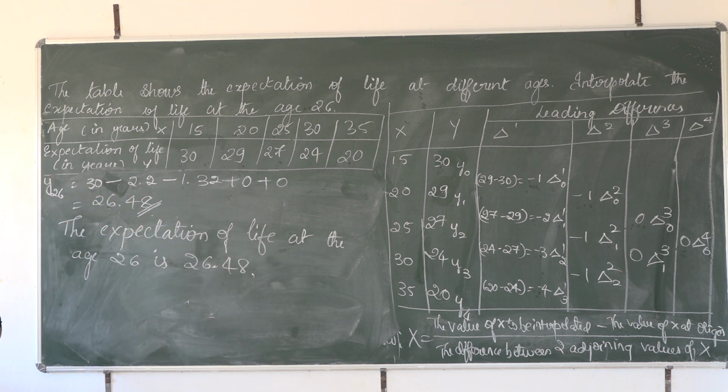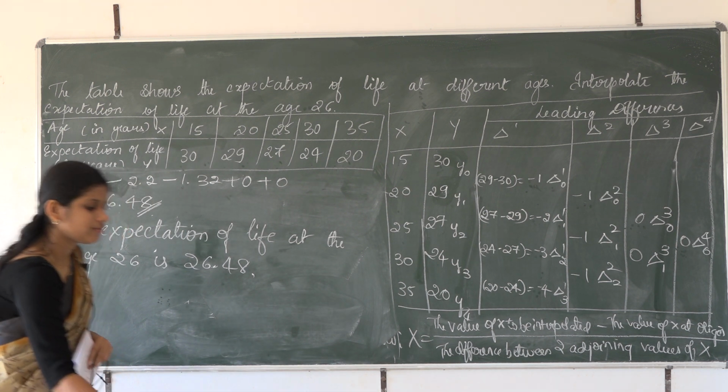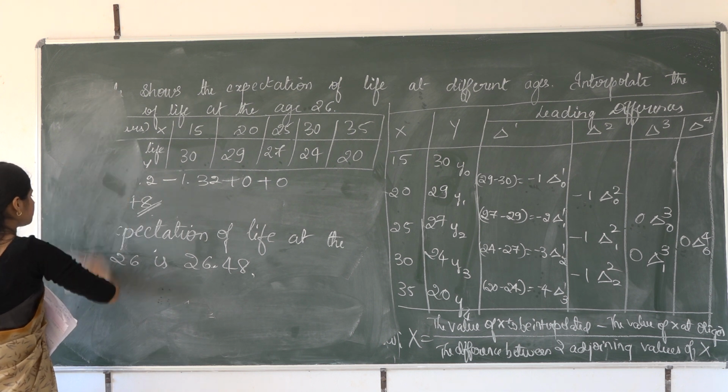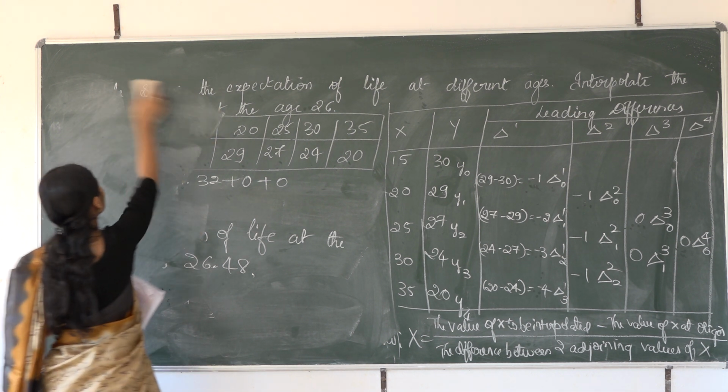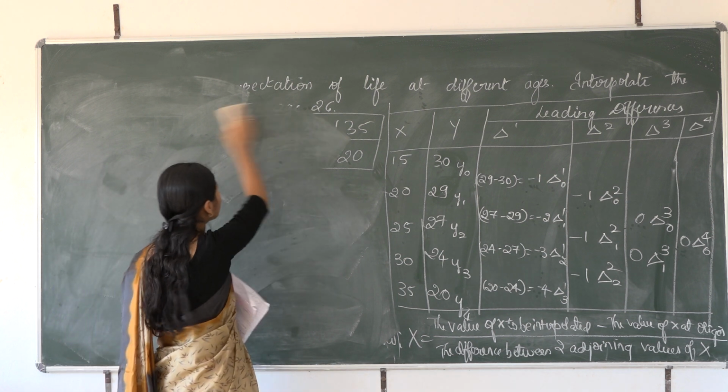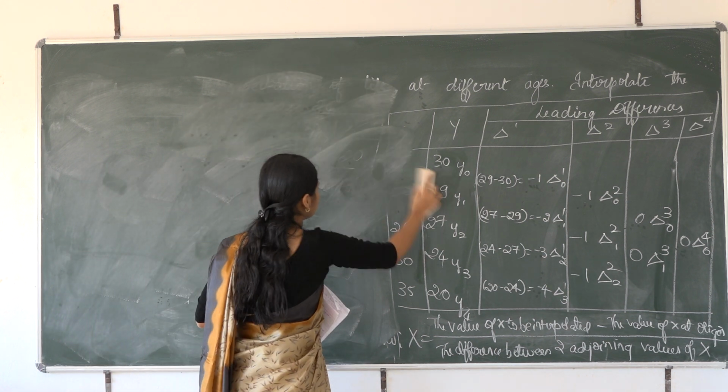So thus we have interpolated the expectation of life at the age 26 under Newton's advancing difference method. Now we will solve one more problem under this method where x values are slightly different from the problems which we have solved previously.